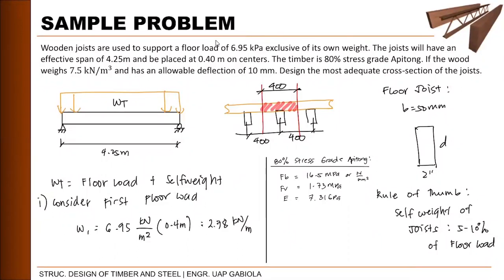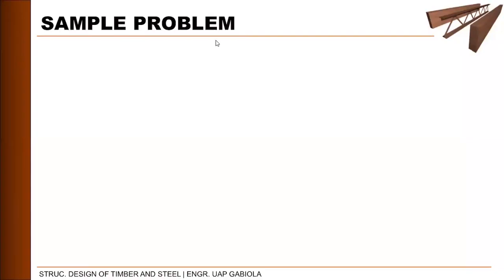Okay, so let's check for bending. So we can use FB is equals dun sa allowable natin para makuha natin yung minimum dimension. So we can use 6M over BD squared. So this is equals to 6 times WL squared over 8 pa din, no?